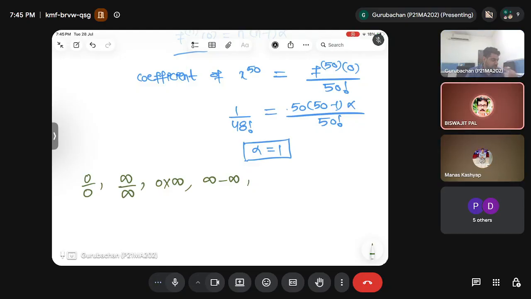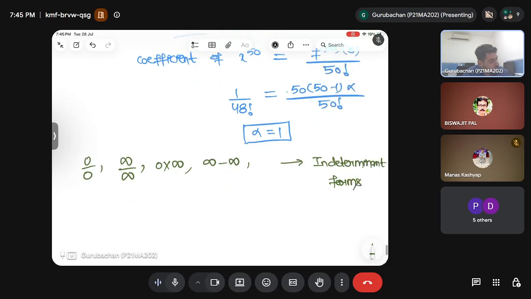Yes. So these are indeterminate forms. There are some more: 0 to the power 0, infinity to the power 0 and 1 to the power infinity.